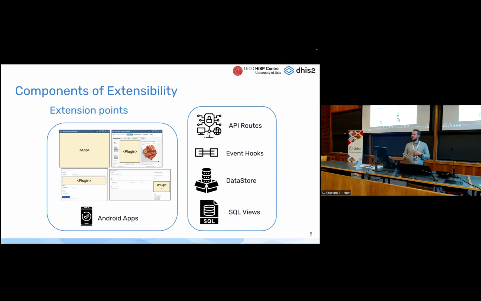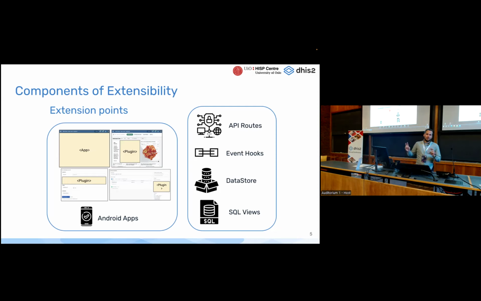It has the ability to cache data, cache metadata, all of these types of things. You can build a custom Android app on top of that SDK. And I'll talk a little bit more later about some of the ways that we're looking to take this idea of smaller extension points and the ability to customize smaller pieces of the application into the Android or mobile world as well in the near future.